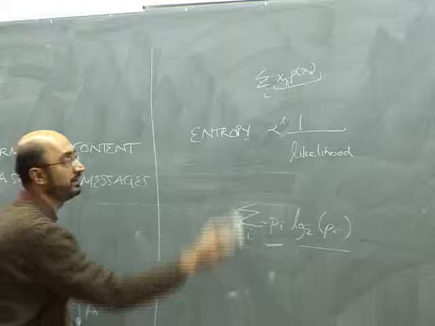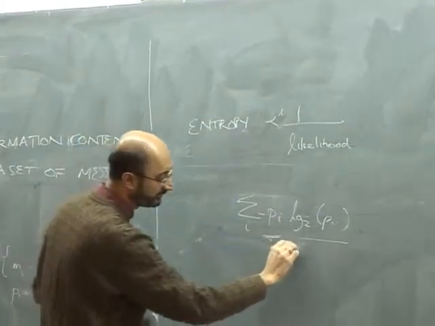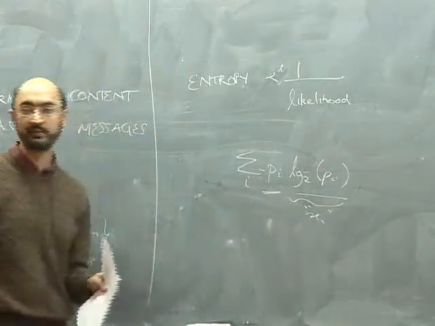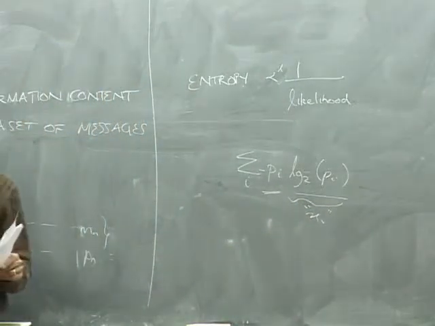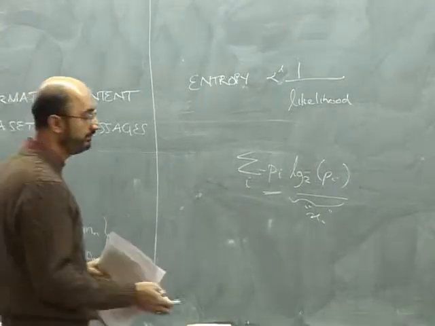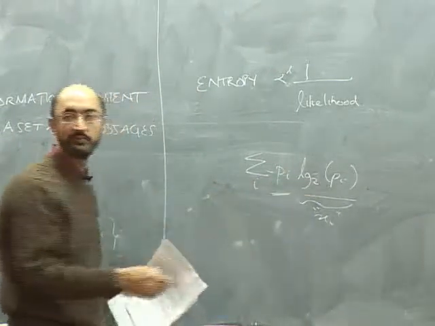Over here, what we're doing is this is your x sub i, so to speak. It is the log of the probability, because that's the likelihood. We put a negative in front of it because that corresponds to log of 1 over p sub i.